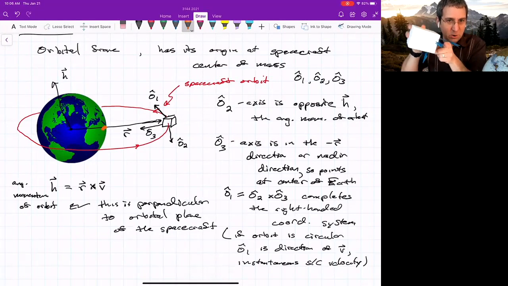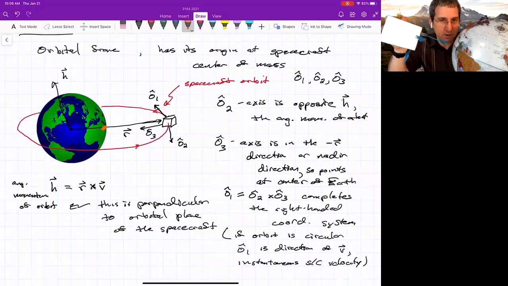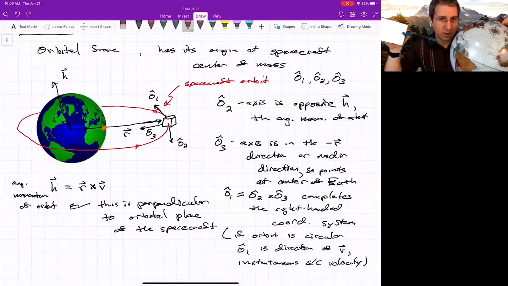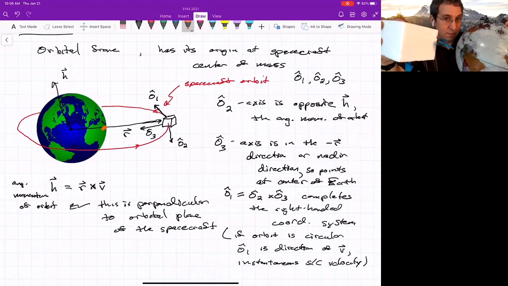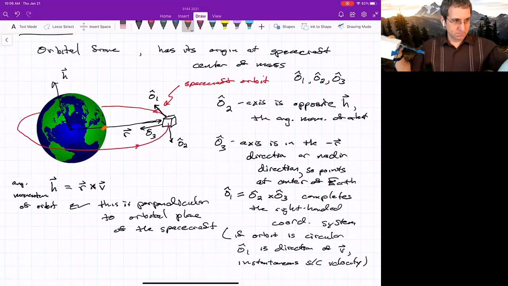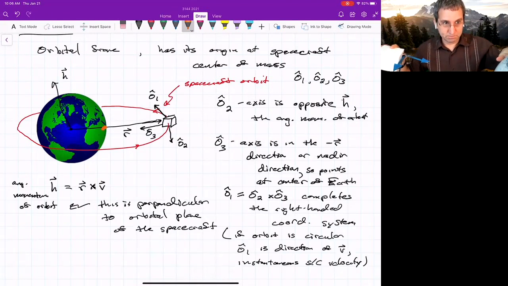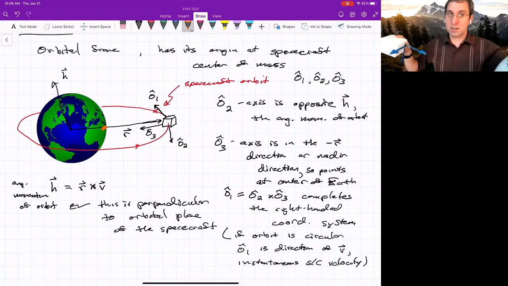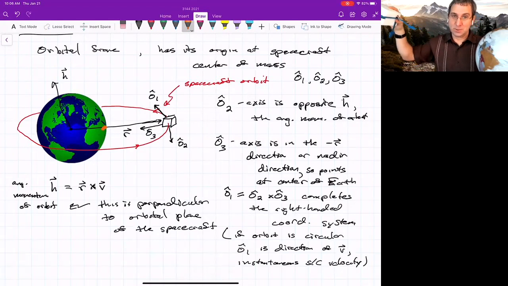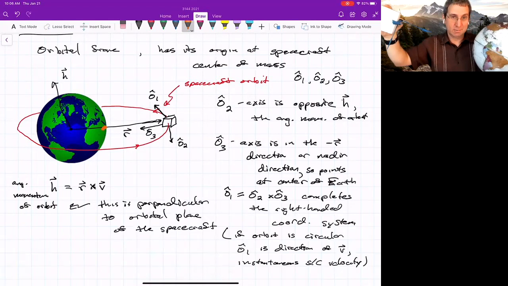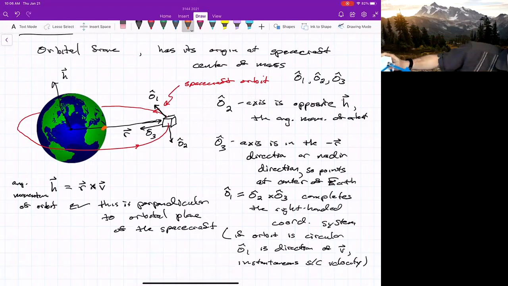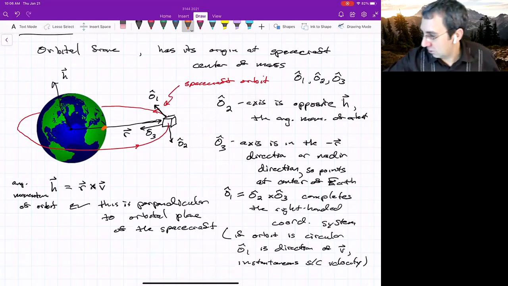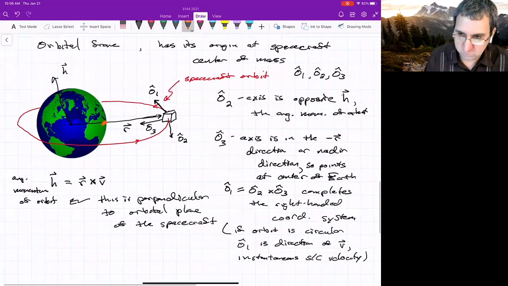So this would be O1, O2 kind of pointing that way, and then O3 is pointing towards the Earth. And of course, as I go around in my orbit, this frame is rotating with respect to the Earth-centered inertial, and usually with respect to the Earth-centered Earth-fixed, except if I'm in geosynchronous orbit, and then those two are locked. But that's just a special case, so don't think of that one. All right, so this is a rotating frame.